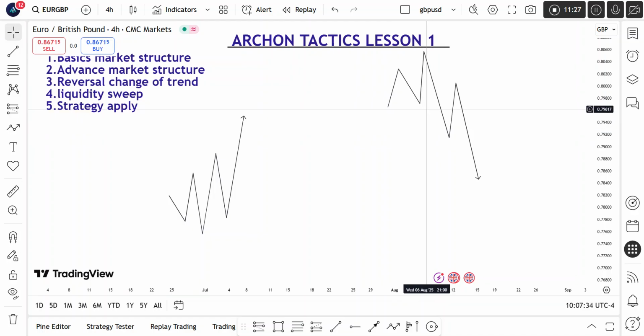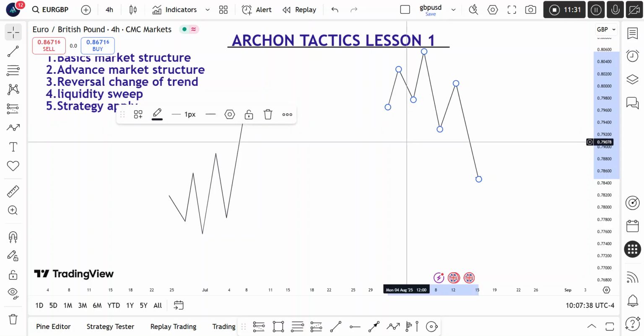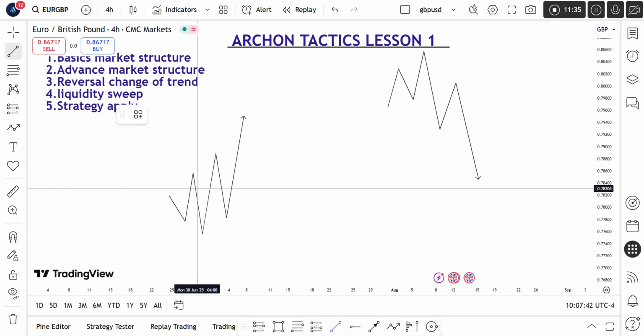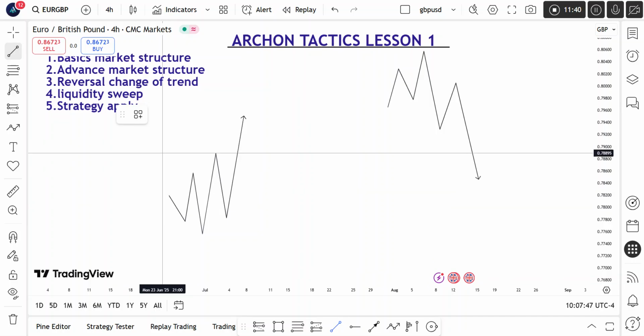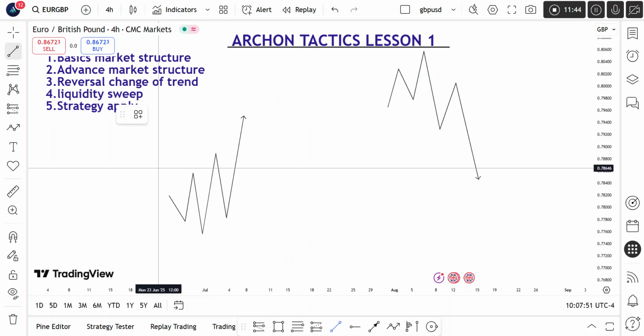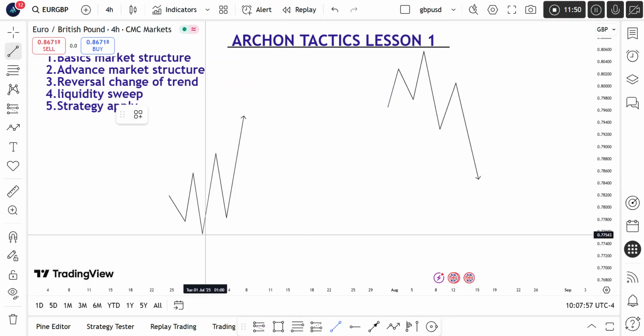I'm gonna mark everything for you here to understand what is going on exactly in this market. The market was going down. We are having lower low, lower high, lower low, lower high, and then now we have a lower low, a lower high, and a lower low.